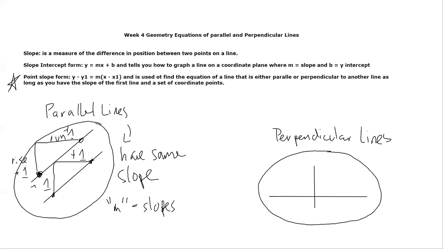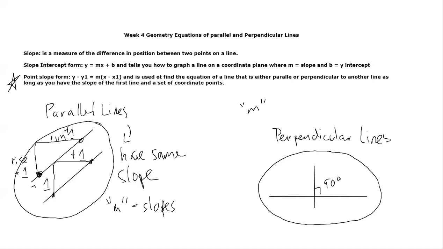Perpendicular lines, on the other hand, have a different problem. As you guys know, they do make a 90-degree angle, but we're not really concerned about that this week. What we're more concerned about with perpendicular lines is something called the negative inverse. In terms of m value, perpendicular lines have something to do with m as well.